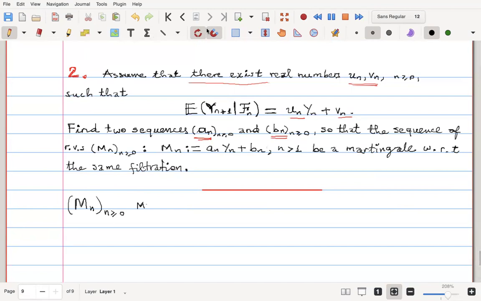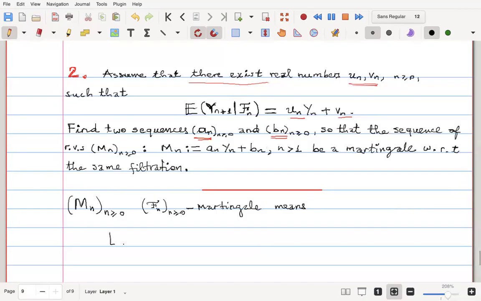Actually, when you say martingale, it is with respect to its filtration, that is (Mn, Fn) martingale. Of course, this is just for the martingale property, right?